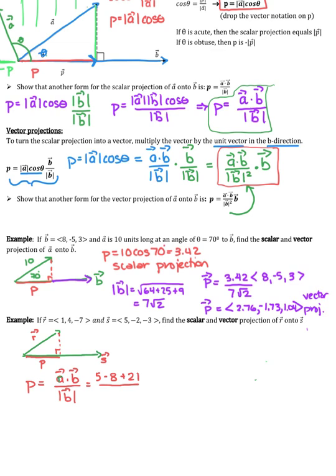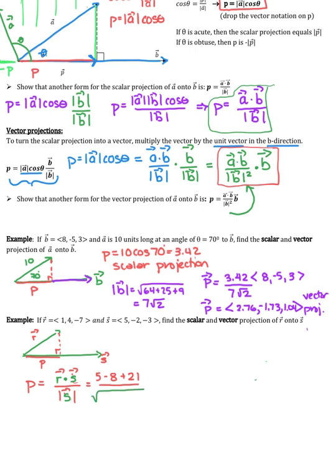So this is R. Let me see, I think I have an eraser here somewhere. There we go. Okay. Go back to my pen. So this is R dotted with S all over the magnitude of S.